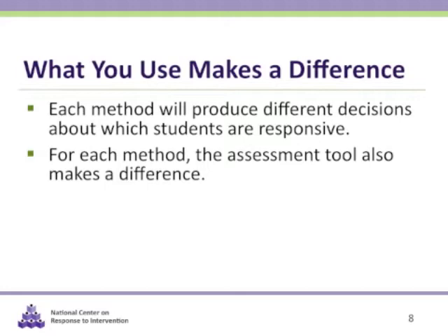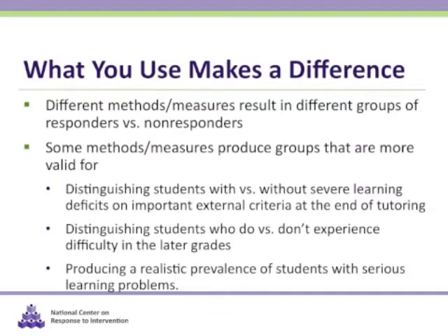Each method you select or you consider very well may produce different decisions about which students are responsive and which students are not responsive. And for each method, the assessment tool also makes a difference. So in sum, different methods and measures will result in different groups of students being designated as responsive versus unresponsive.